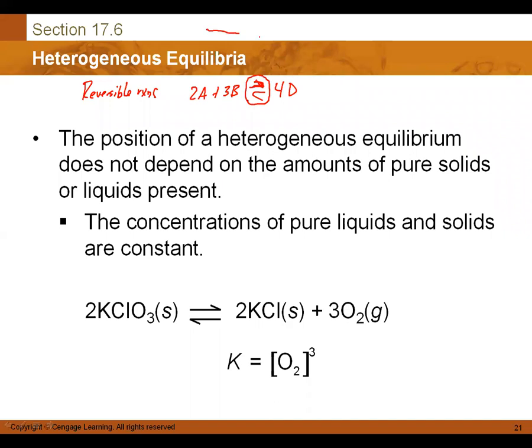So there's a forward direction, where we usually assume that is going from reactants to products. There's also the reverse direction, going from products back to reactants. And eventually it'll reach what we call chemical equilibrium.